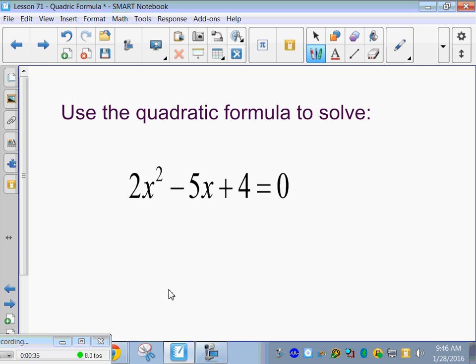So let's try one. Use the quadratic formula to solve. So this time my a is 2, my b is negative 5, and my c is 4. So we're in order, and we're equal to 0.